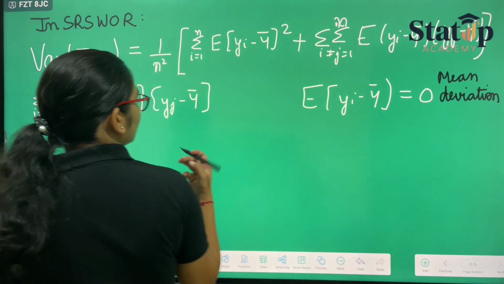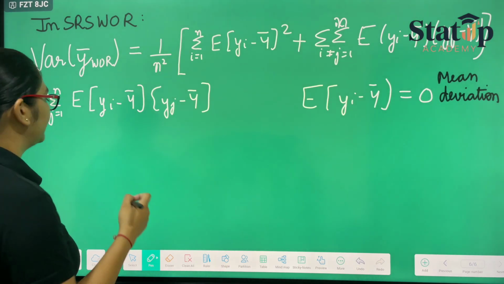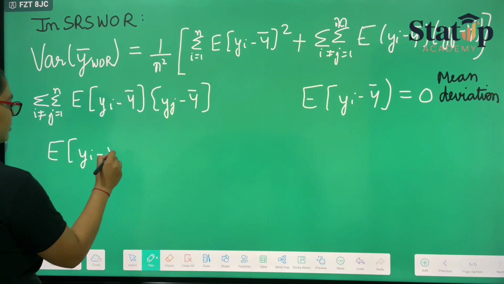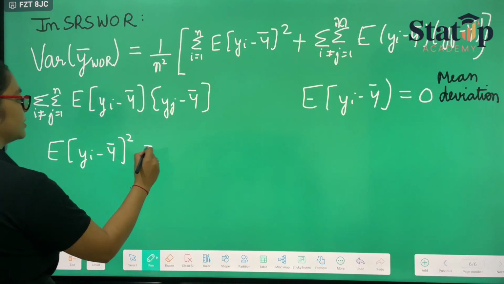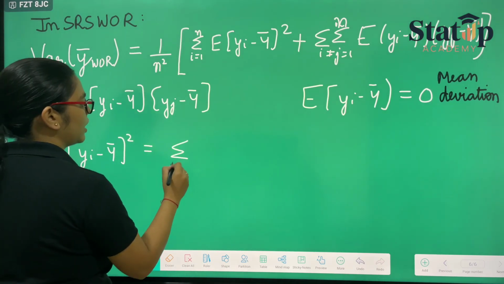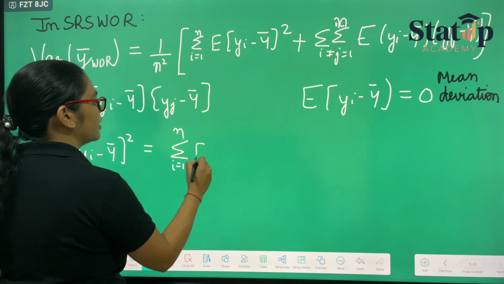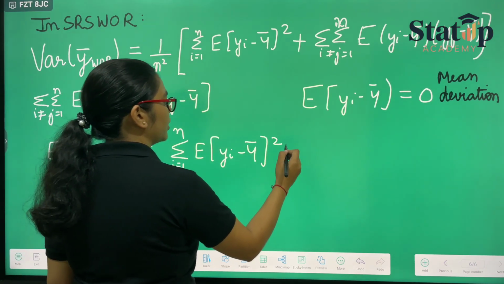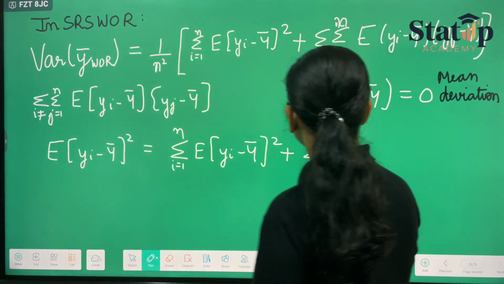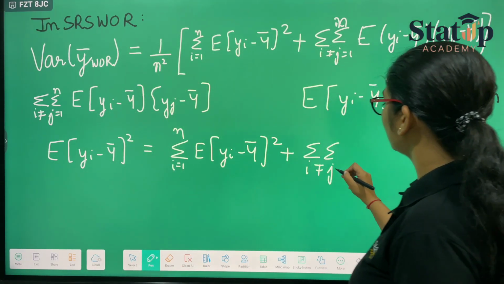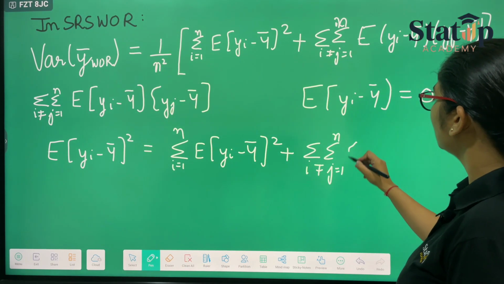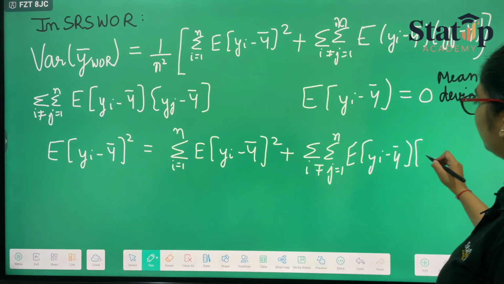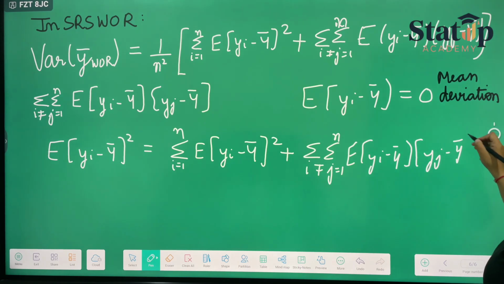This is mean deviation, and we can write expectation of (yi minus y bar) whole square is nothing but summation i goes from 1 to n expectation of (yi minus y bar) whole square plus summation i not equal to j goes from 1 to n expectation of (yi minus y bar)(yj minus y bar).